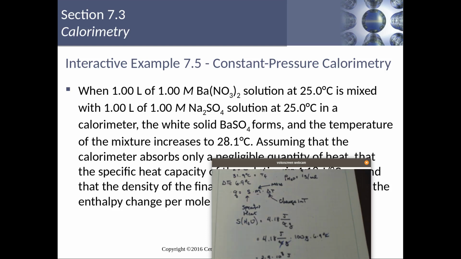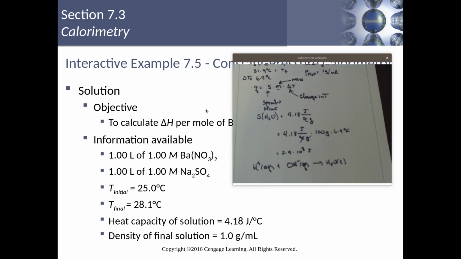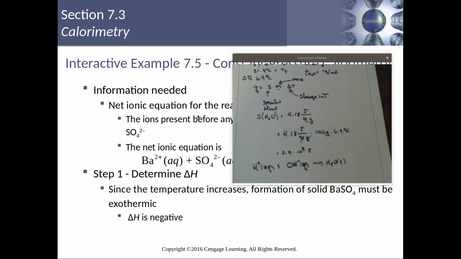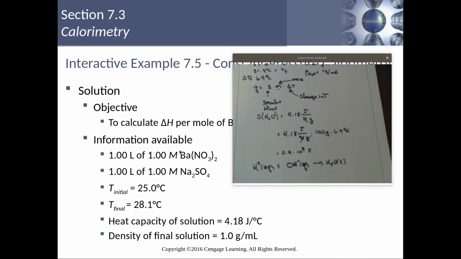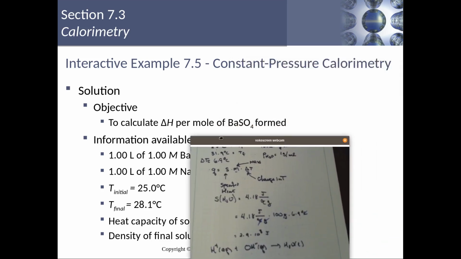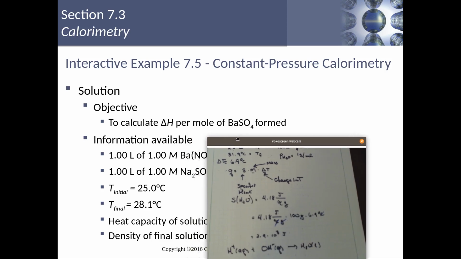Okay. Now, there's a lot of data that goes into these kinds of calculations, and it's important to know where all of these pieces of information go. So you have a change in the temperature. I'm going to have a reaction that goes on, and I need to calculate the delta H per mole of BaSO4.